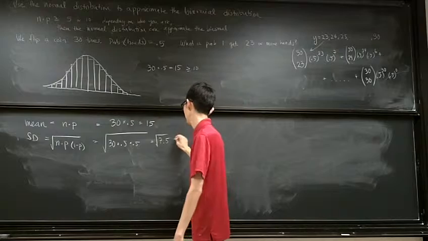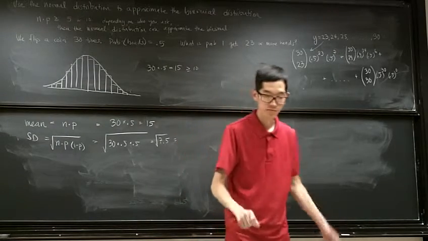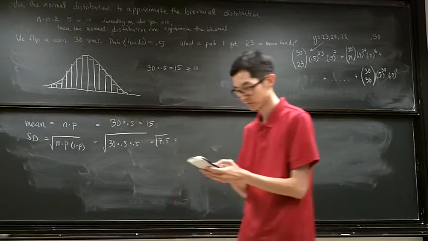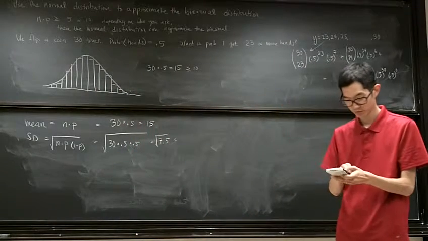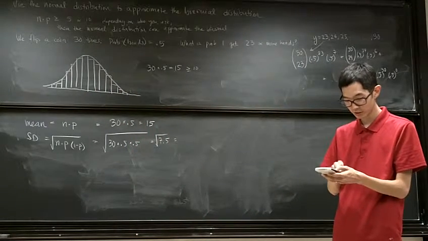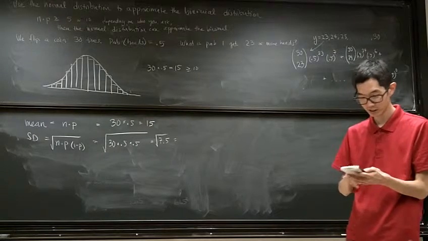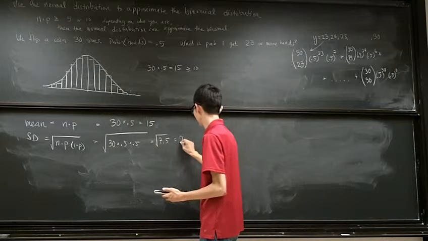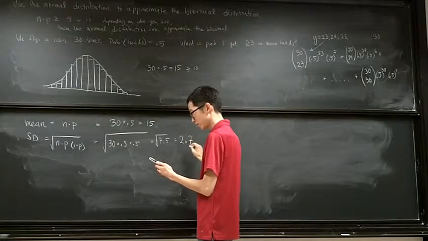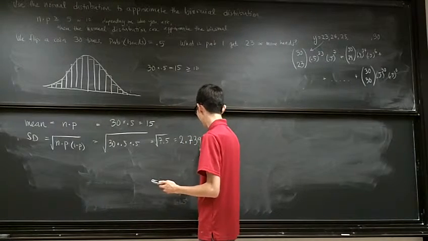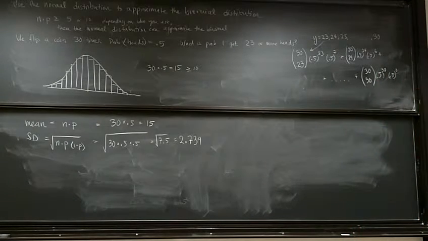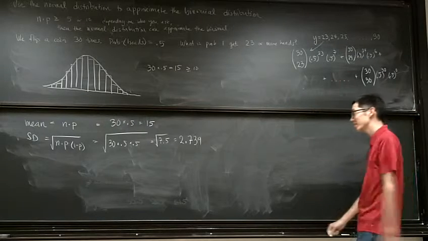I don't know what that is. 2 point something. Back in the day, you had to find square roots by hand, and that was very tedious. I don't think I know how to do that actually. Does anyone? Okay, so that's my standard deviation.